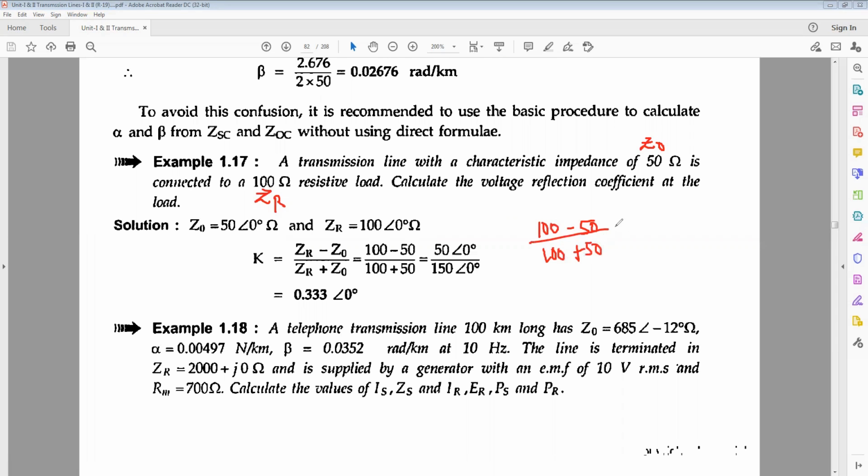So 50 by 150, we get 1 by 3. So 1 by 3 is 0.33 with an angle of 0 degrees. The reflection coefficient is 0.333 with an angle of 0 degrees. Got it, my students? Okay. The next example.